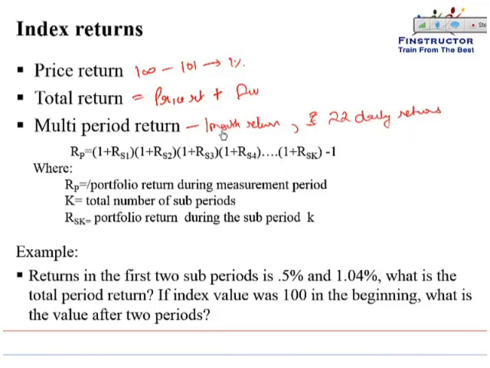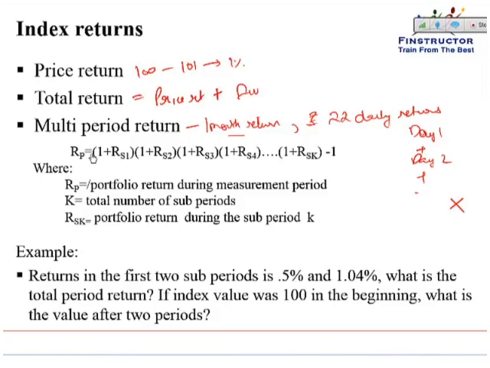To compute the monthly return, what would we do? Would we just add these 22 returns? Day 1 plus day 2 plus day 3, so on and so forth? No, this is what we don't do. So we don't do an arithmetic average, we do a geometric average. That is, we compute the compounded return over the month.